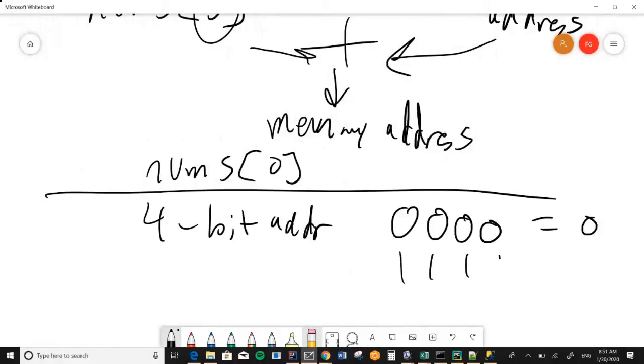And the very last address is all ones or 15, right? 8 plus 4 plus 2 plus 1, 15. So there's a nice symmetry actually between the idea of the 0-based indexing of the array and the overall address space. Phrased differently, you can think of the address space as a whole as a single giant array.